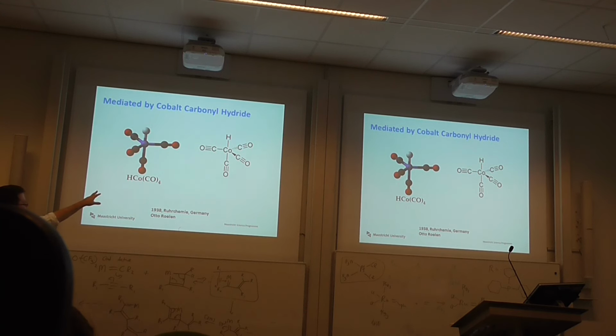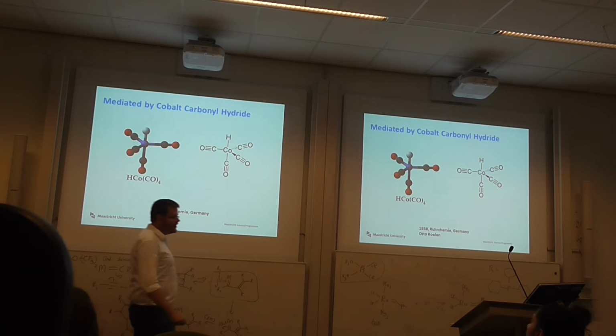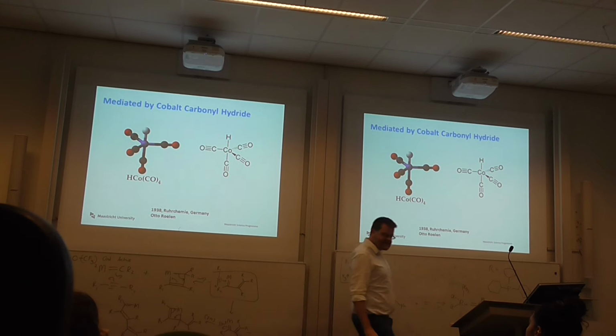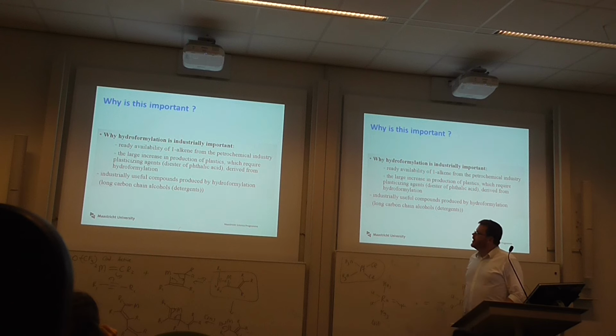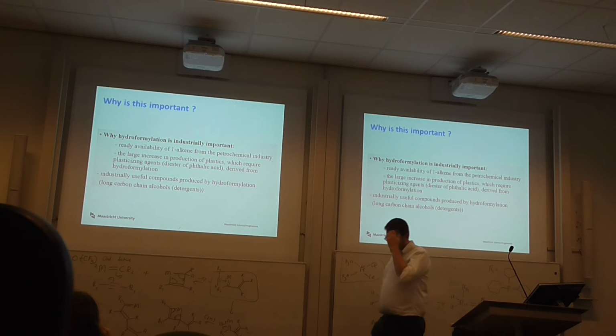This is basically a hydride attached to the carbonyl groups that doesn't exist in a bottle. I mean, you don't have HCo(CO)4. What you do have is Co2(CO)8, but we'll look at the mechanism in a moment. This is the first example of an active hydroformylation catalyst, 1930s, and it's industrially important.